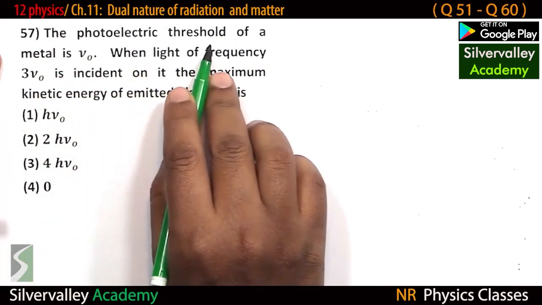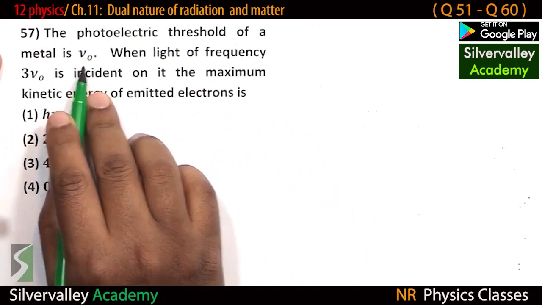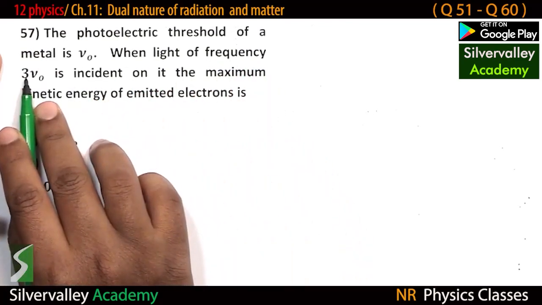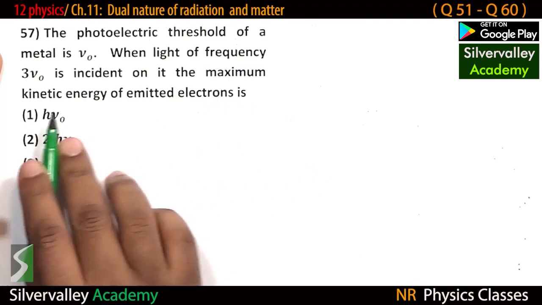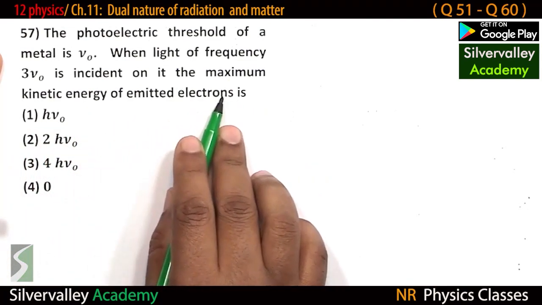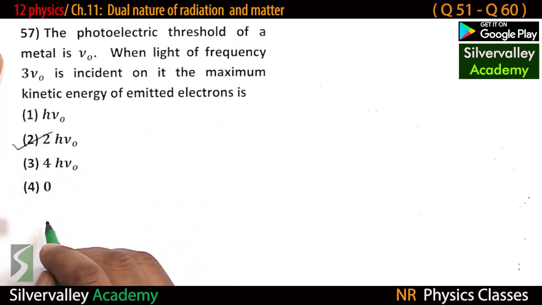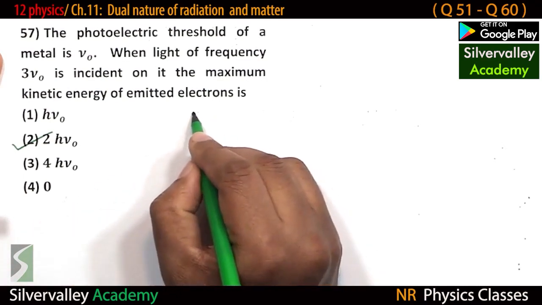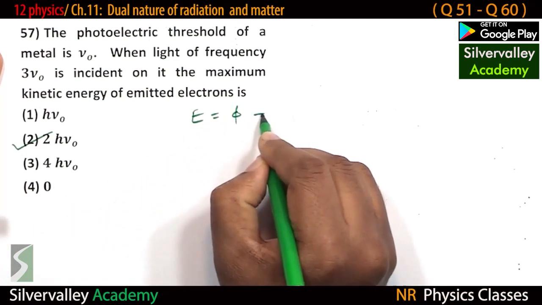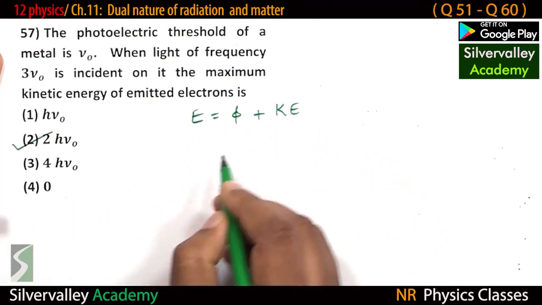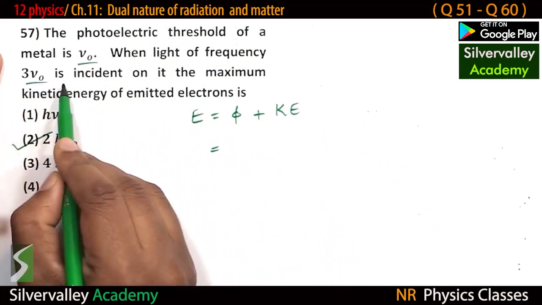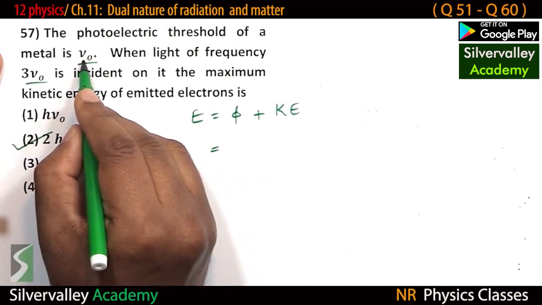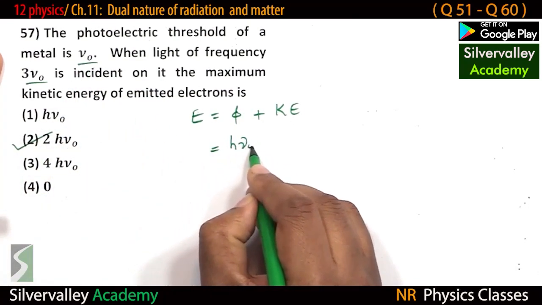The photoelectric threshold of a metal is nu naught. When light of frequency 3 nu naught is incident on it, the maximum kinetic energy of emitted electrons is 2 h nu naught, isn't it? So E is phi plus kinetic energy. In terms of frequency, this is the threshold frequency, h nu naught.